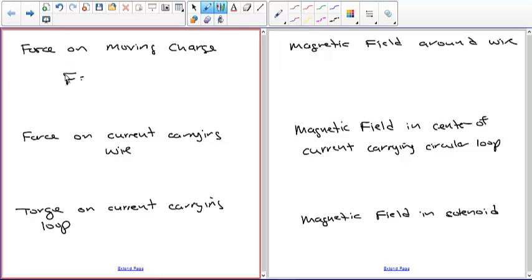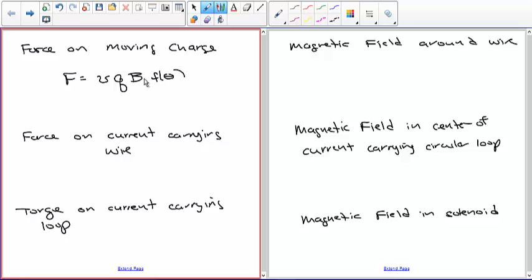Anyway, what we did the other day was we looked at the force on a moving charge, and the force was equal to the speed of the charge times the amount of charge times the strength of the magnetic field times some function of the angle.